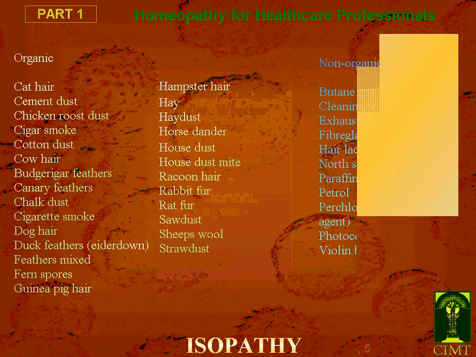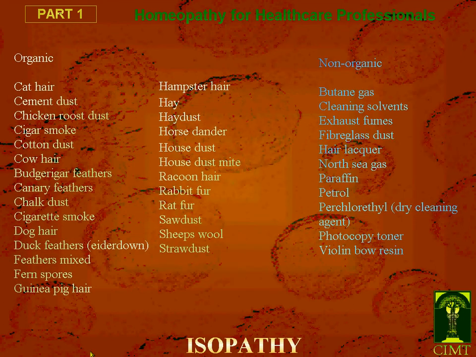Okay, here's a list of isopathic agents from several different pharmacies. Some organic ones, some non-organic ones. Can you see anything there that might be implicated given that history? North Sea gas, yes. Certainly the gas that comes into Scotland is North Sea gas. Anything else that might be implicated?